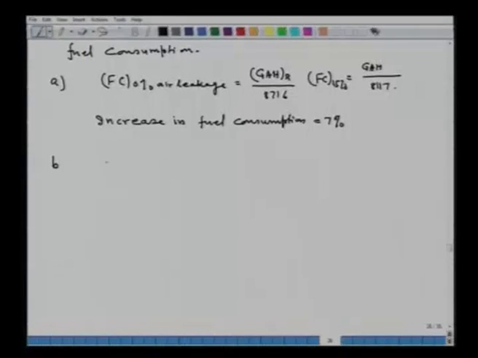Now, B, use of excess air with the same 15% air leakage.